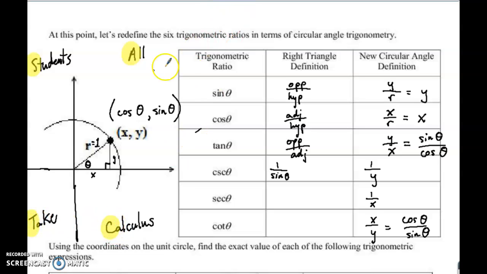So what I'm talking about is all trig functions are positive in the first quadrant. Sine is positive in the second quadrant. Cosine and tangent are negative. If you're confused by that, well, if cosine is negative and tangent is sine over cosine, well, a positive over a negative is still negative.